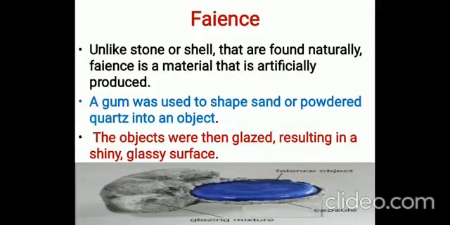Now we will study what faience is. Unlike stones or shells that are found naturally, faience is a material that is artificially produced. A gum was used to shape sand or powdered quartz into an object. The objects were then glazed, resulting in a shiny, glazy surface.